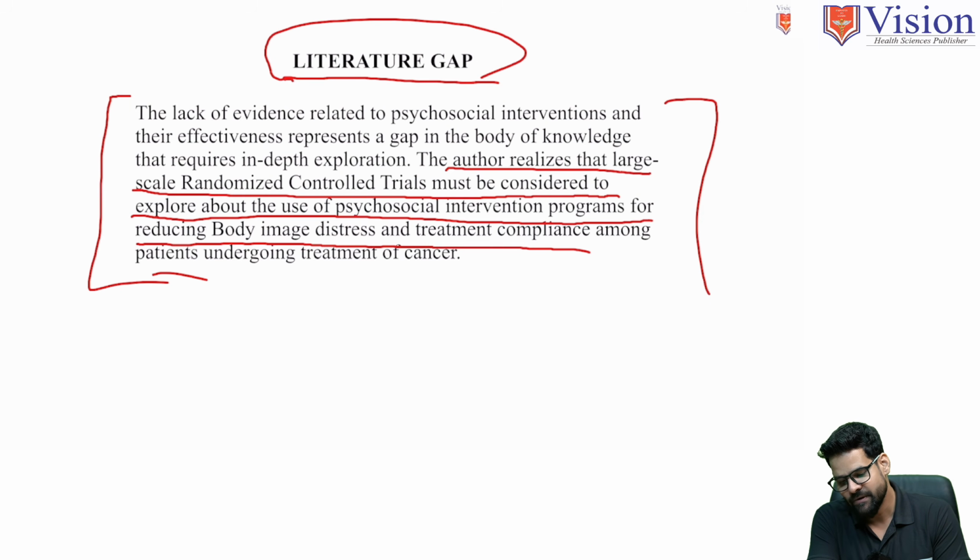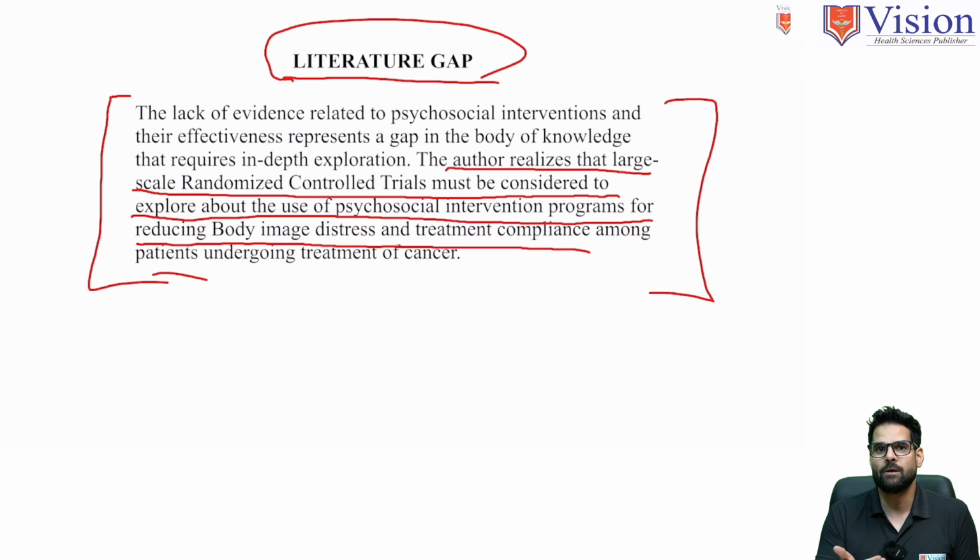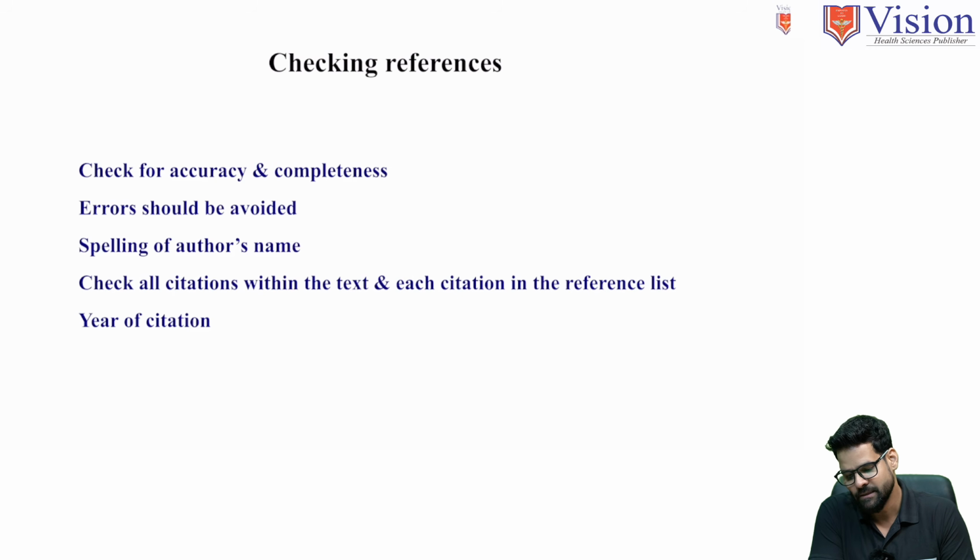So we are clearly saying that the effectiveness of such psychosocial intervention needs more causal evidence, so more research needs to be done. We are just focusing on the existing research done on a topic, but there is a requirement of more research in that area. That is the gap.